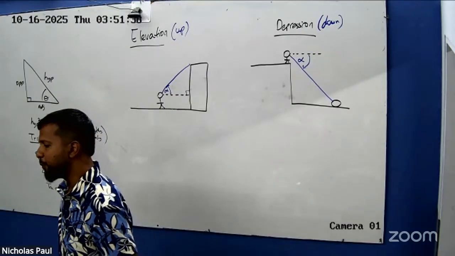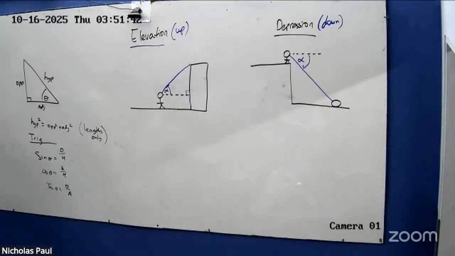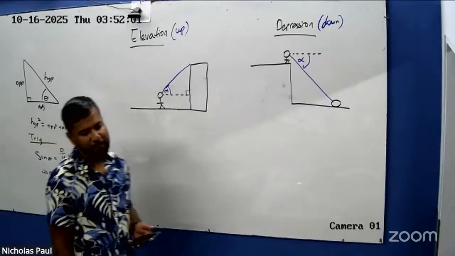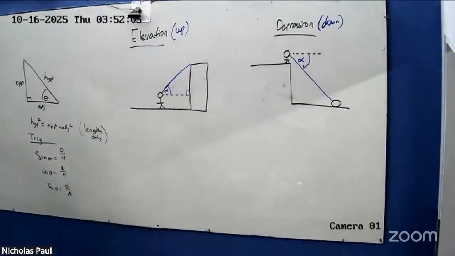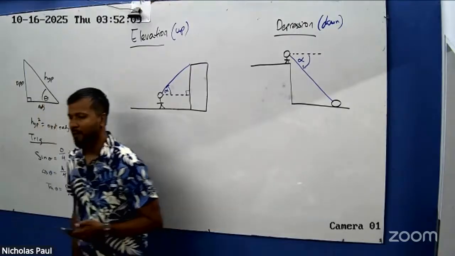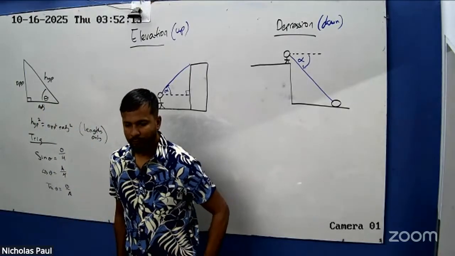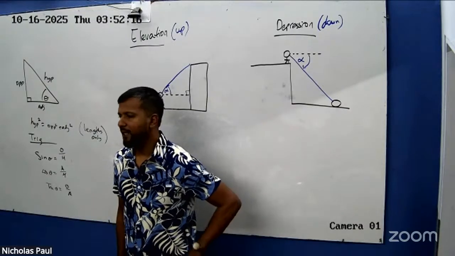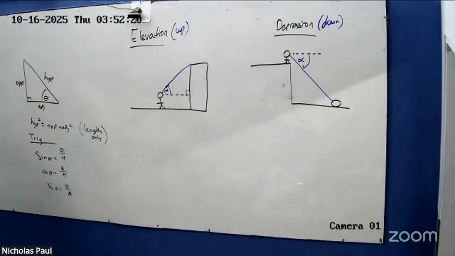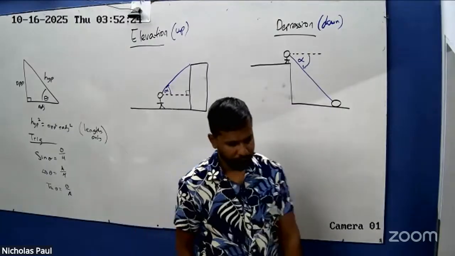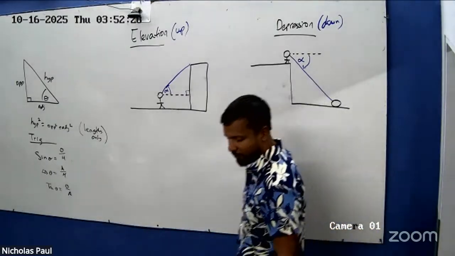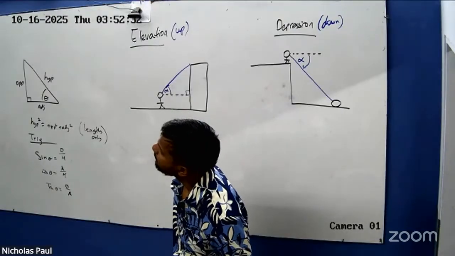Assuming that he is 2 meters tall and 40 meters away from the building, calculate the height of the building.